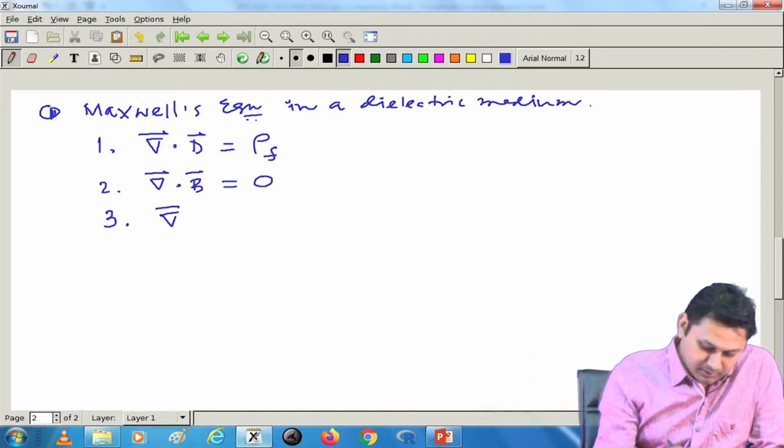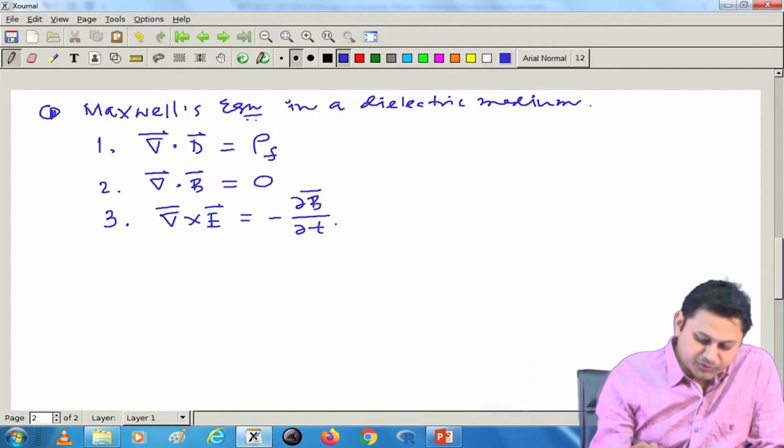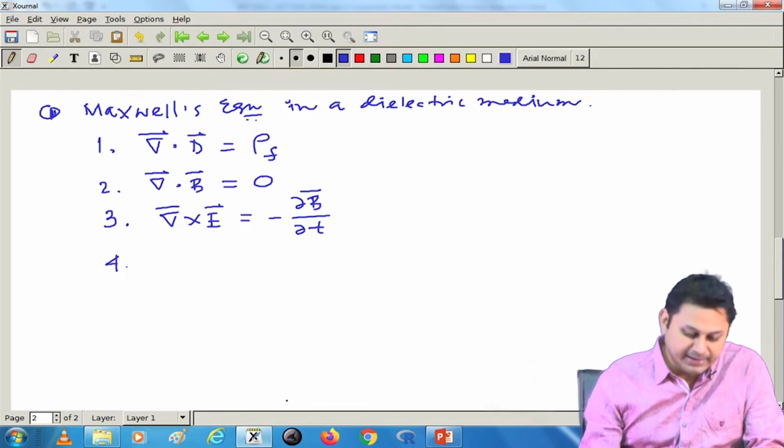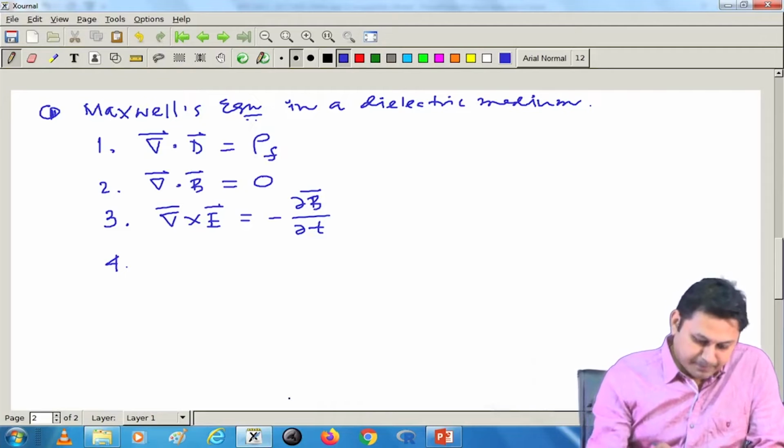Curl cross E is minus del B del t. It is not going to change inside the medium. In the medium, what changes are equations 1 and 4, which contain the source terms.